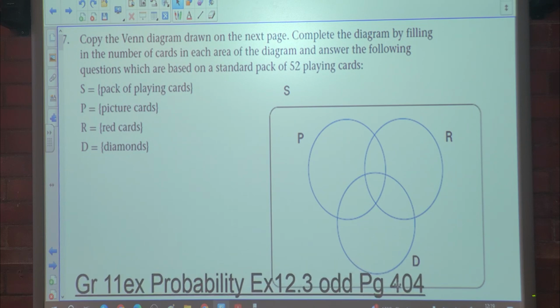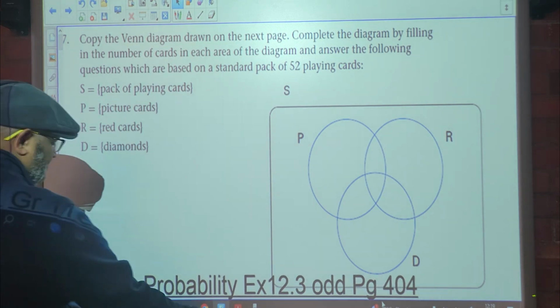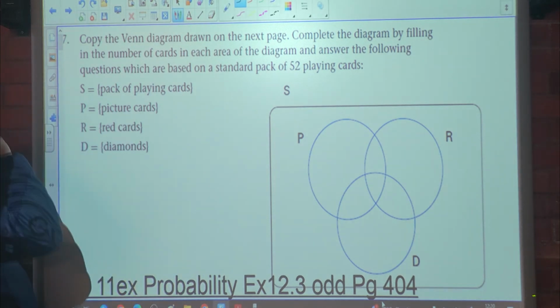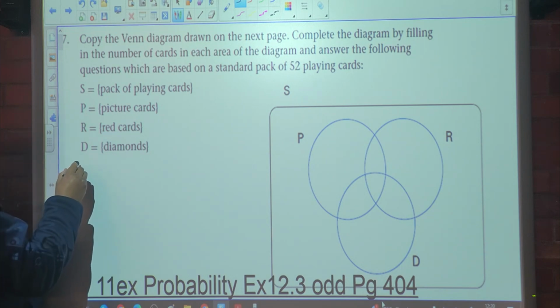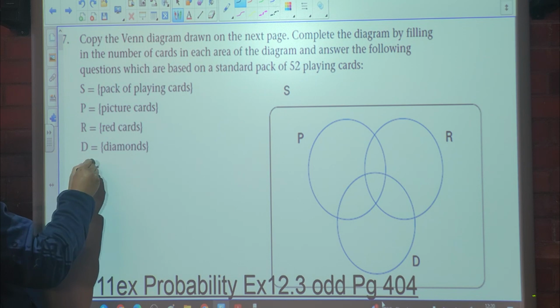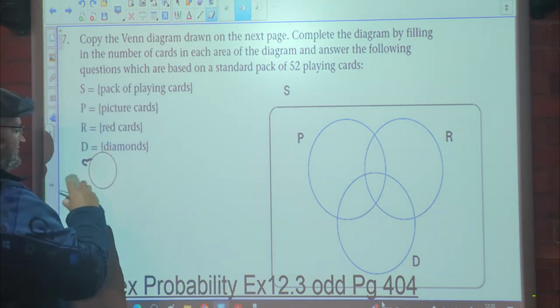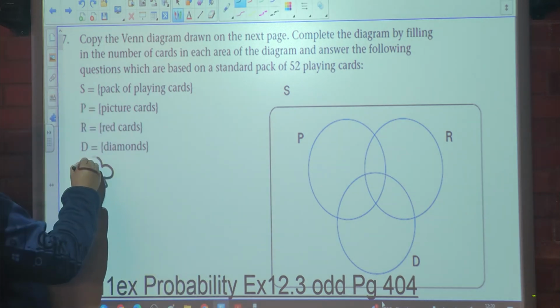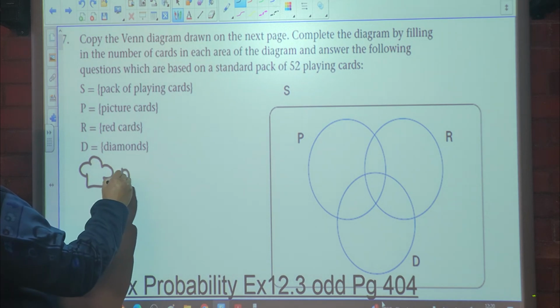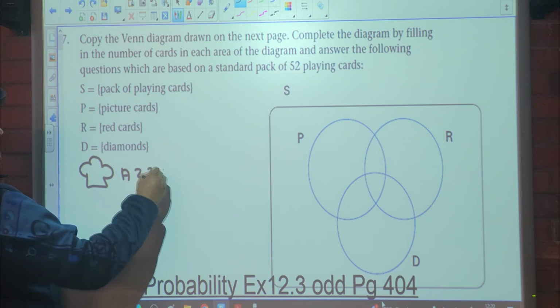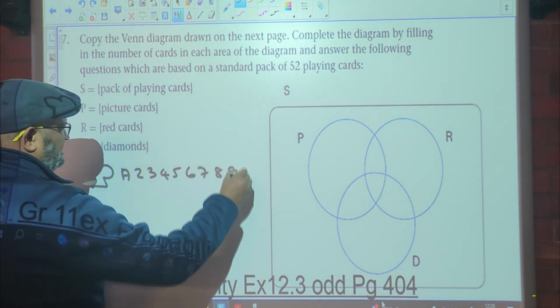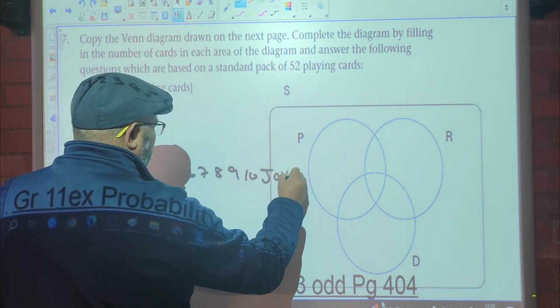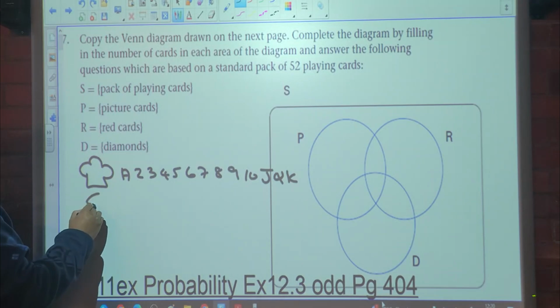Okay, so what we have is S, which is the pack of playing cards. This is the sample space. P is your picture cards, R is your red cards, and D is your diamonds. I know I have written it out in the previous lesson, but for your clubs, we have one ace, 2, 3, 4, 5, 6, 7, 8, 9, 10, Jack, Queen, and for your spades, you have the same.